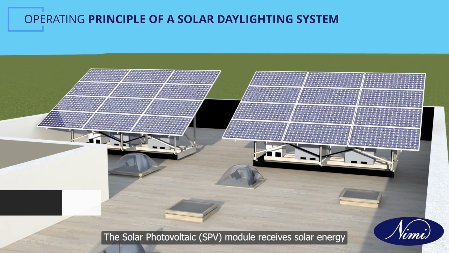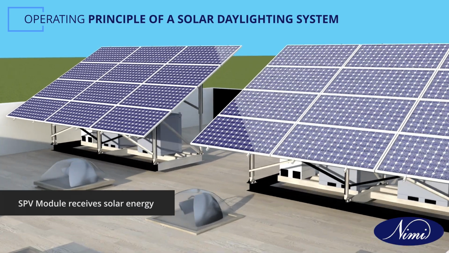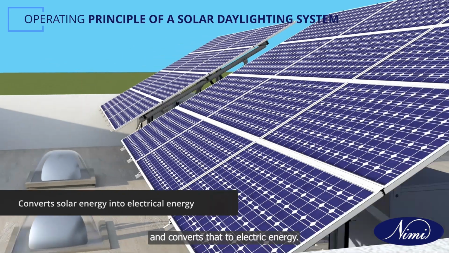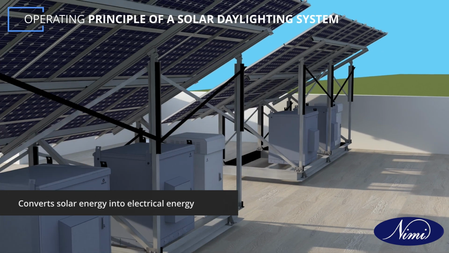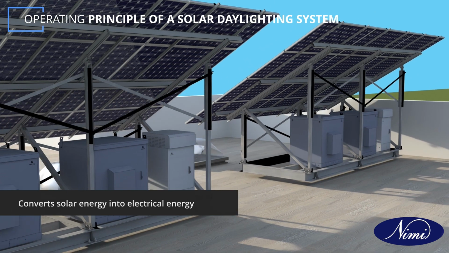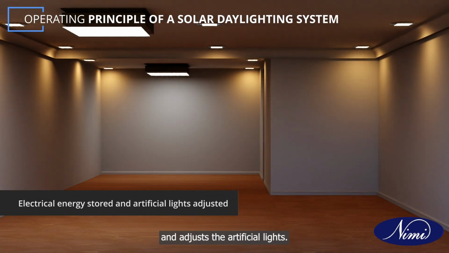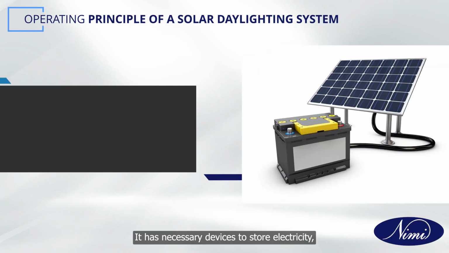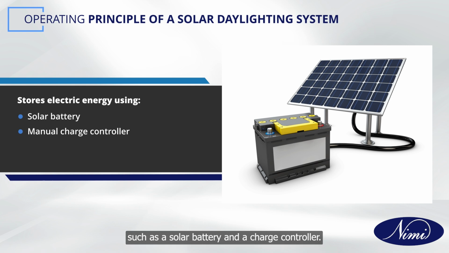The solar photovoltaic SPV module receives solar energy and converts that to electric energy. The lighting system stores this electric energy and adjusts the artificial lights. It has necessary devices to store electricity such as a solar battery and a charge controller.